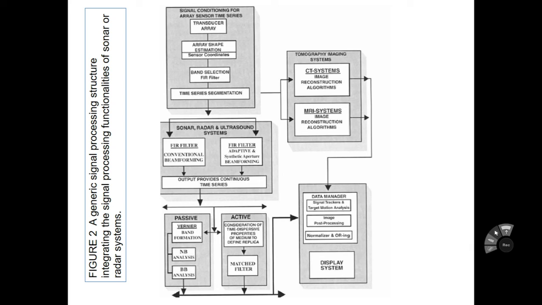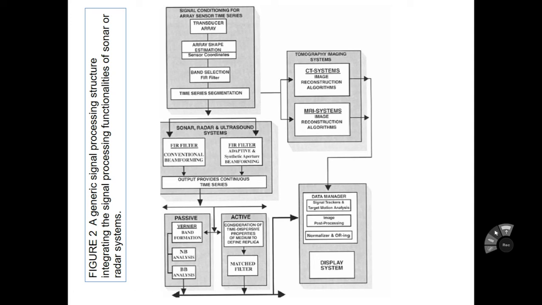and the array shape of the sensor is also in spherical coordinates. In the case of cylindrical coordinates, for example, your MRI system or some medical ECG system or CT scan system, they use the sensors in cylindrical coordinates.